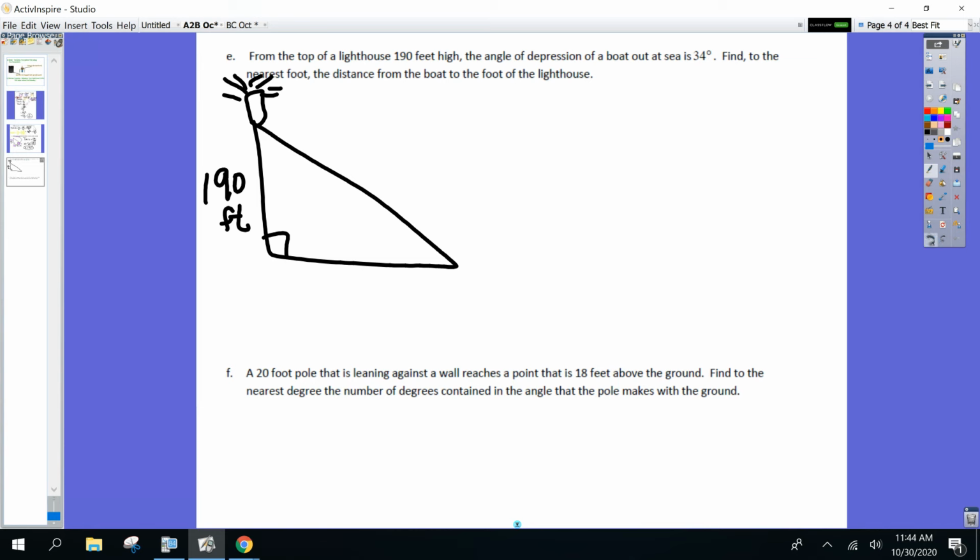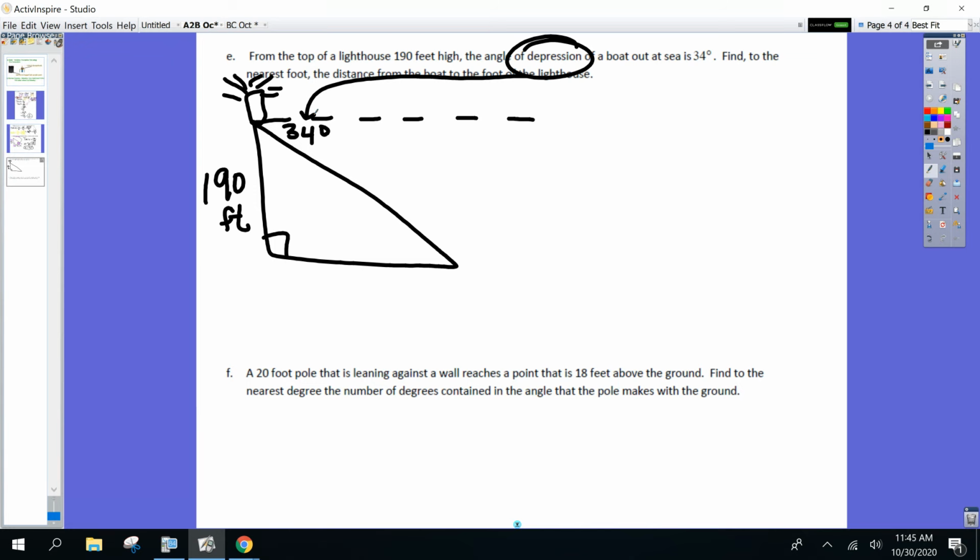If you remember this from your geometry days, if I draw a horizontal line across, this angle right here, 34, is your angle of depression. It is outside the triangle. On top, but outside.